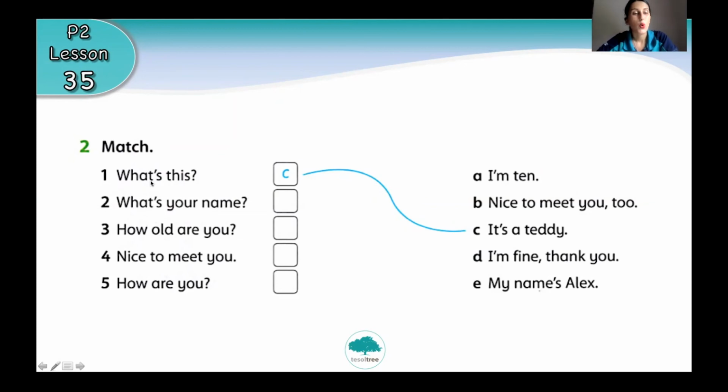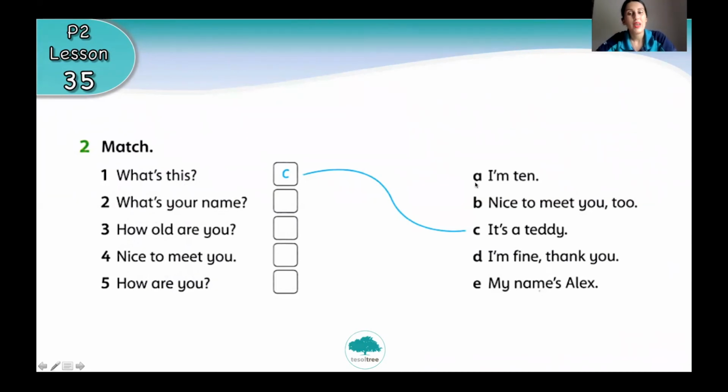Number 1, what's this? Number 2, what's your name? Number 3, how old are you? Number 4, nice to meet you. And number 5, how are you?